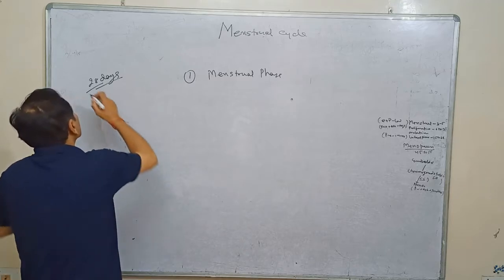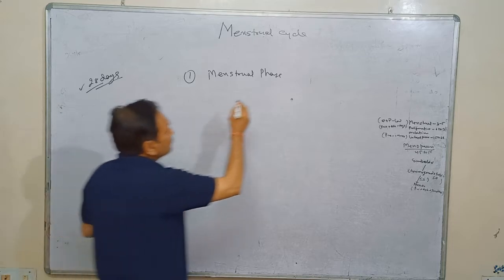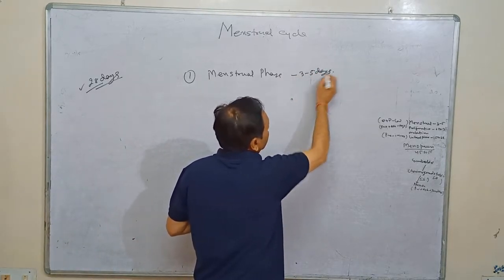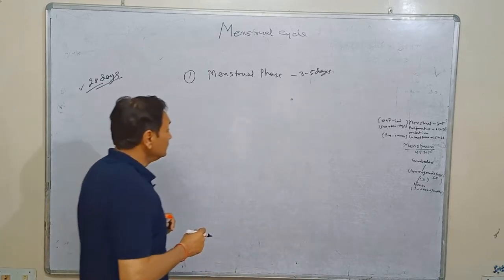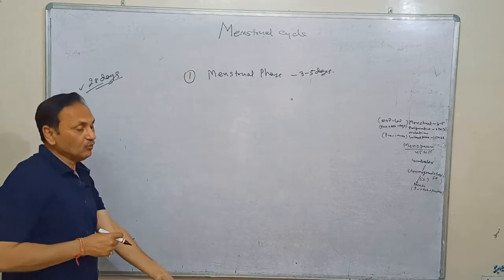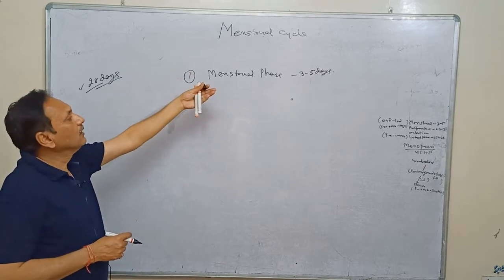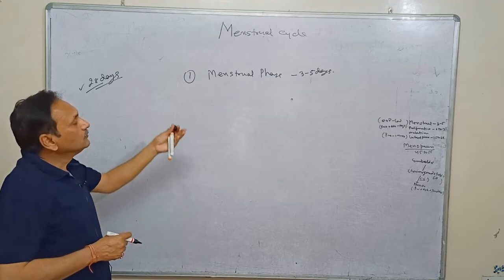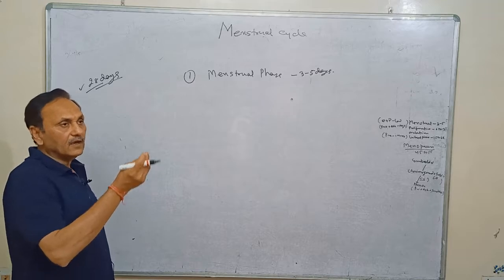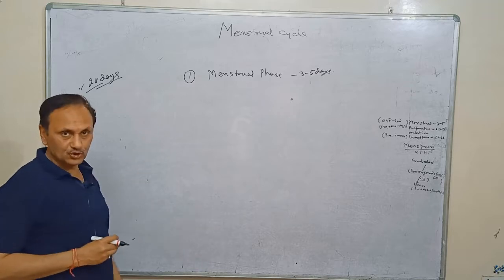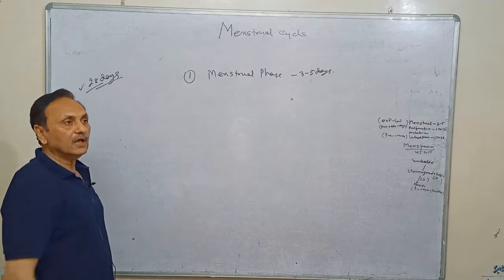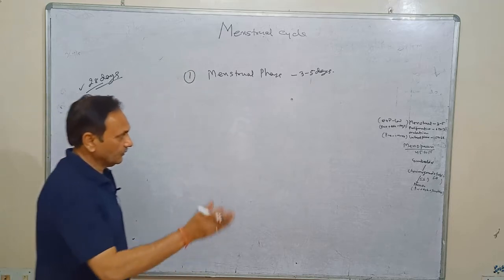Among these 28 days, the menstrual phase will be 3 to 5 days. What happens in this condition? In these days, there is vaginal bleeding, the menstrual flow. The dead ova and ruptured tissues as well as blood capillaries are shed from the body with the help of the vagina.